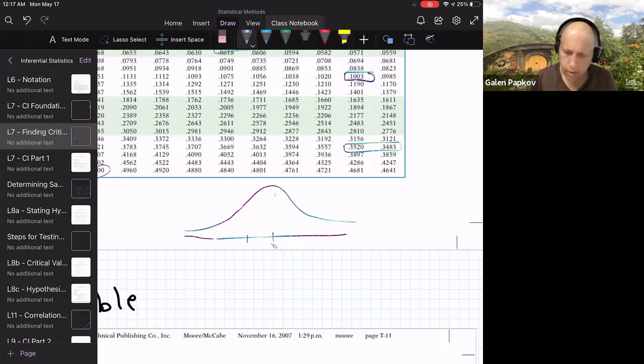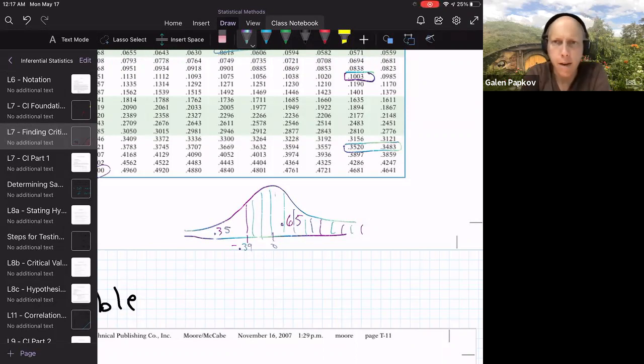So that means that our shaded region for a right tail test is going to look something like this, where the area of that region is 0.65. And so the area to the left here is 0.35, which is why this should be negative. And somewhere around negative 0.38, 0.39, 0.385, but somewhere around there.